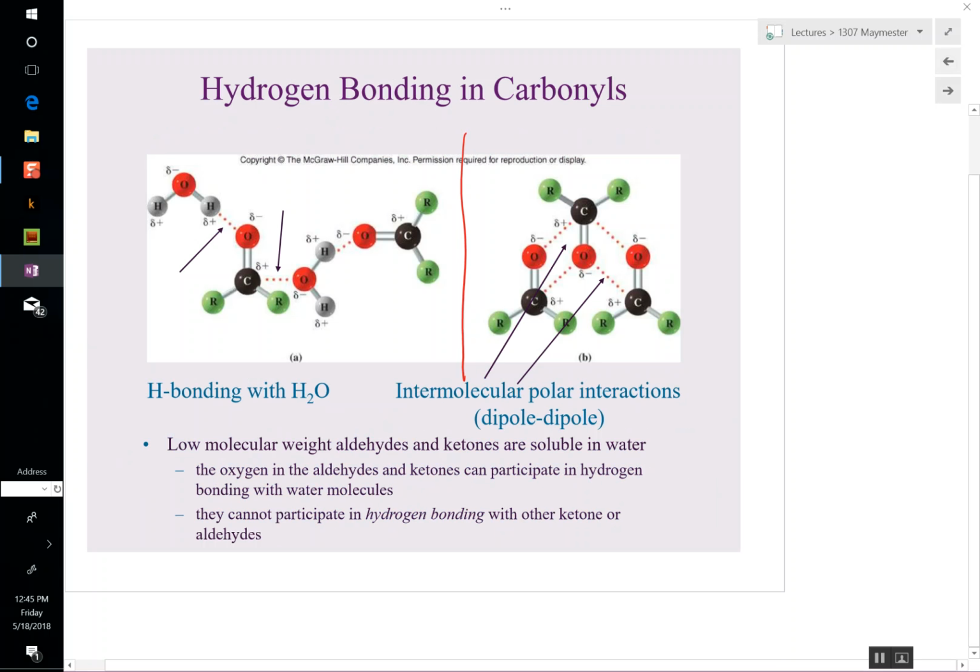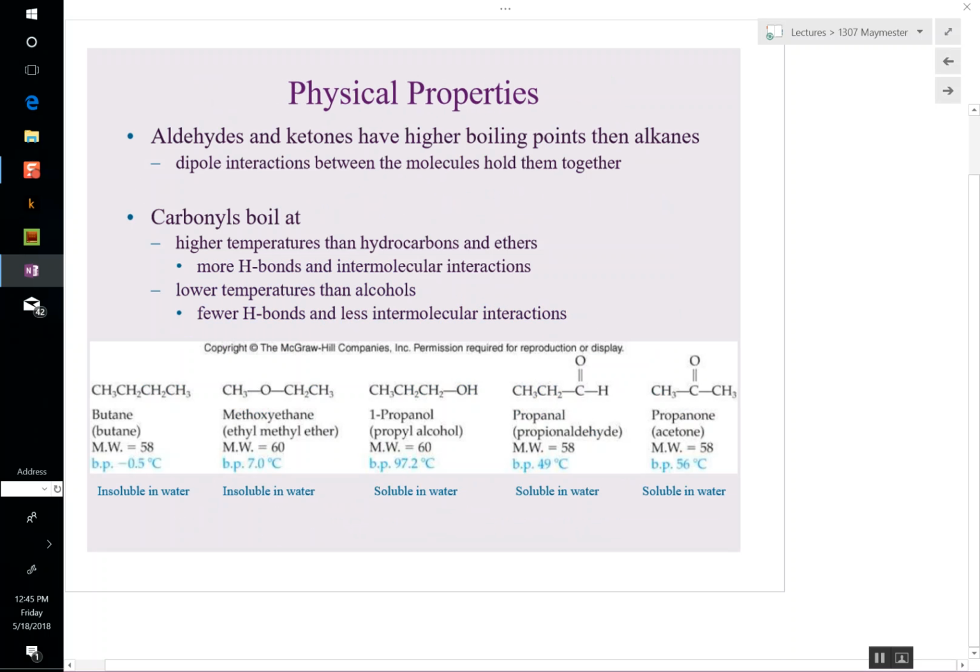So let me just go back for a second. Right here. So let's see the impact of this attraction between molecules. All right? We just looked at this. Here's your nonpolar. We looked at this with ethers just a minute ago. Here is your alcohol.